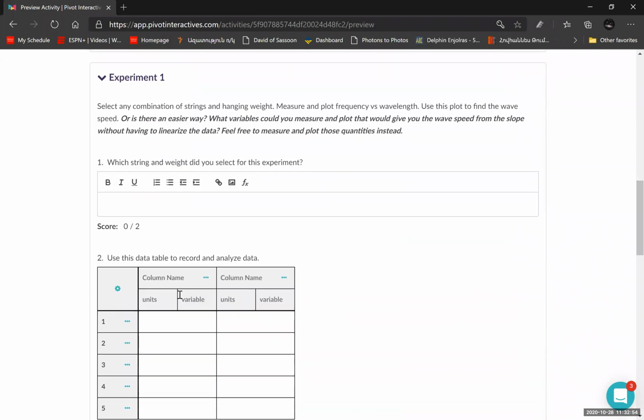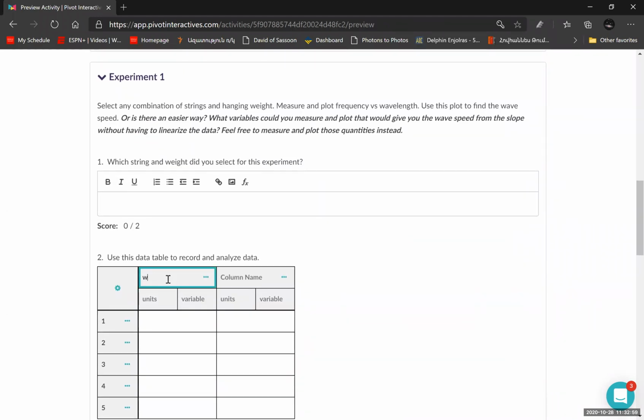So here you're going to plot your wavelength, and this is in meters. We don't need a variable symbol, because I don't know how to write it in Greek.